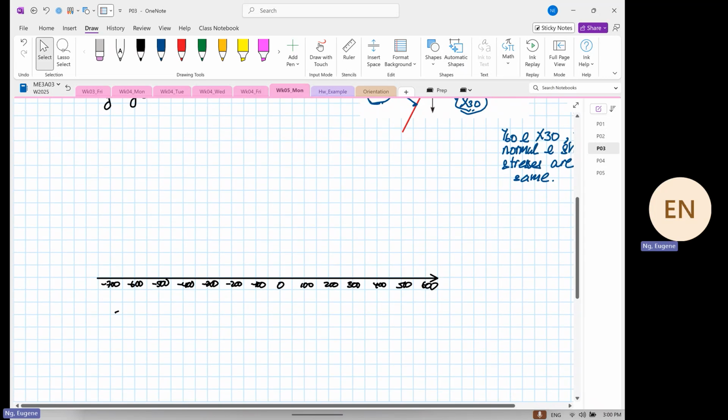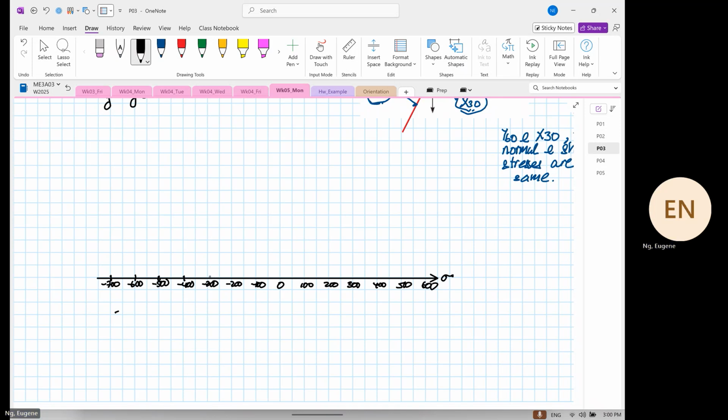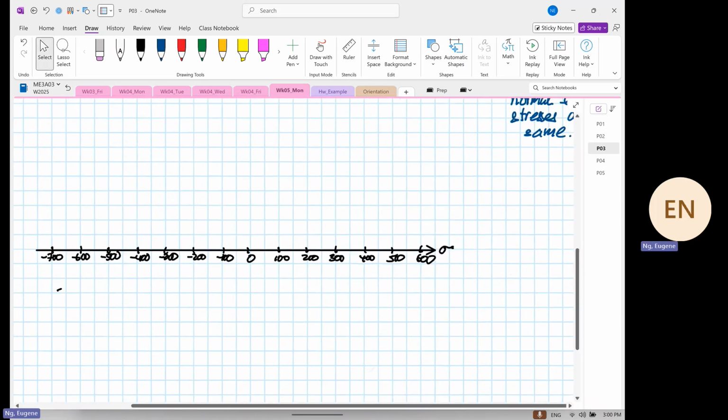I think 600 is more than enough. So this is normal stress. Make sure the scales are okay. If not, I told you, right? You get more over.